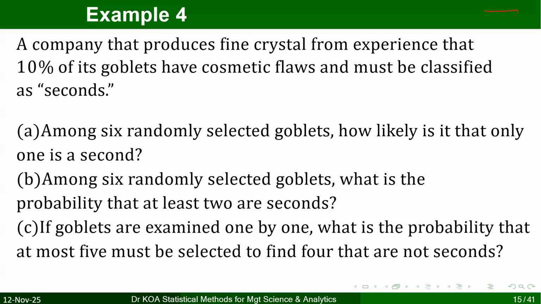Remember, if you're going to find at most 5 that are seconds, at most 5 that are seconds is from 0 to 5. Now we are looking for 4 that are not seconds among that. Okay, so that's the probability of failure in this case. Because if you have gotten 0 to 5, remember you are actually picking it from below going above, isn't it? Yes. At most means you are from below going above, and the highest point is what? 5.